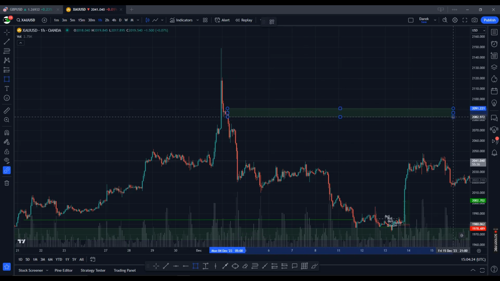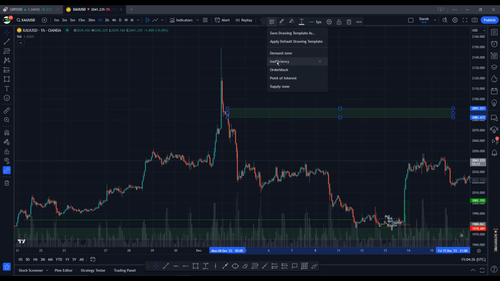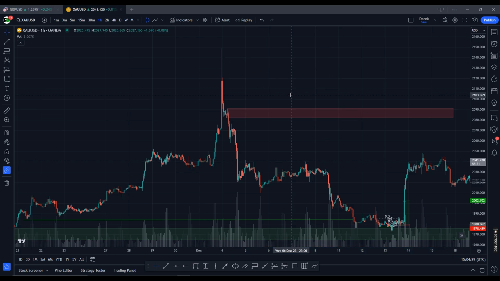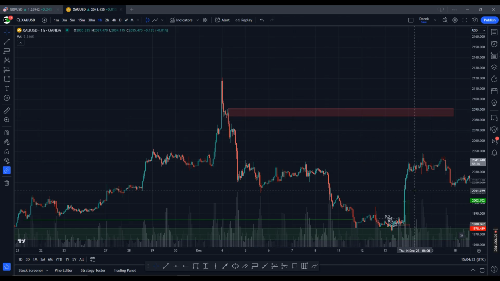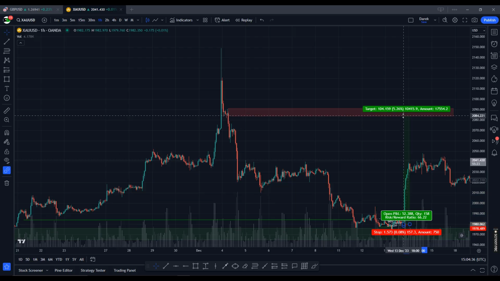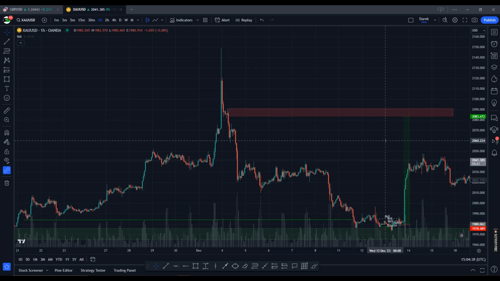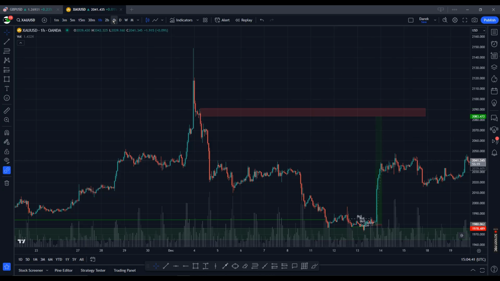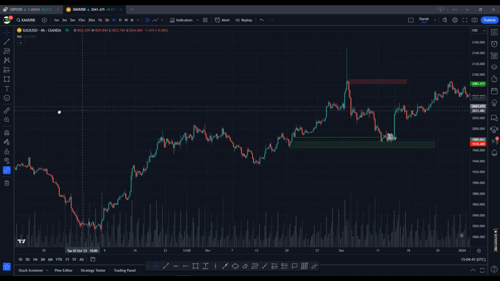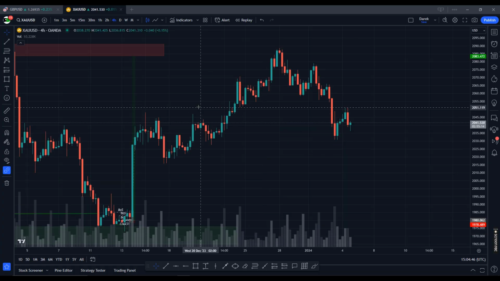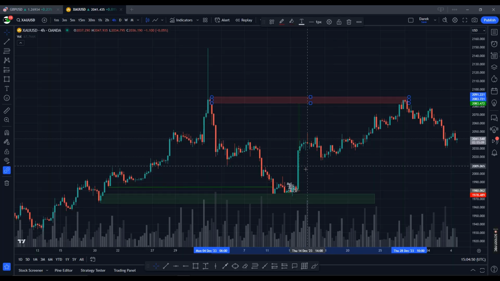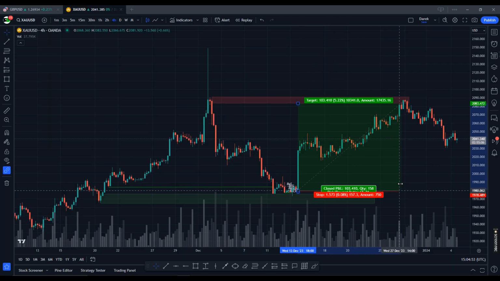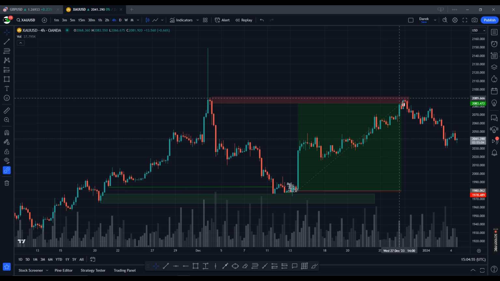Right here, this area of supply is our highest major point in structure. And it gets hit and the price reverses.